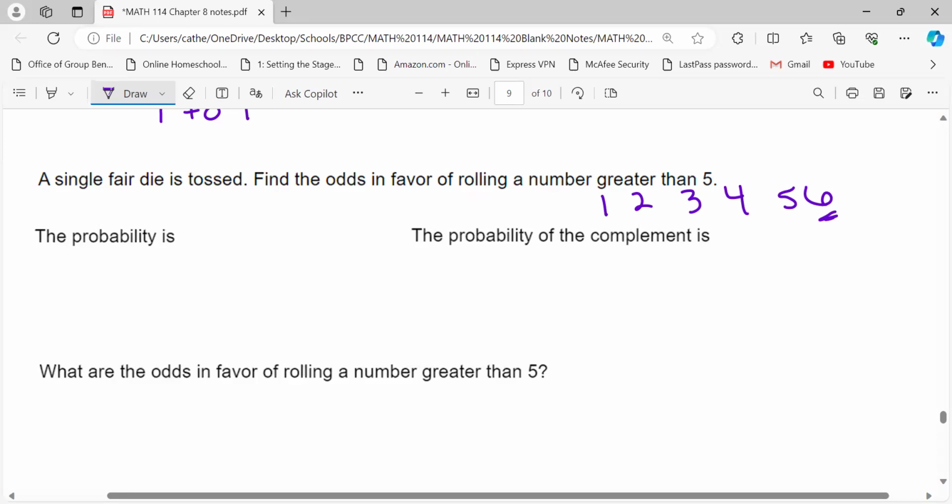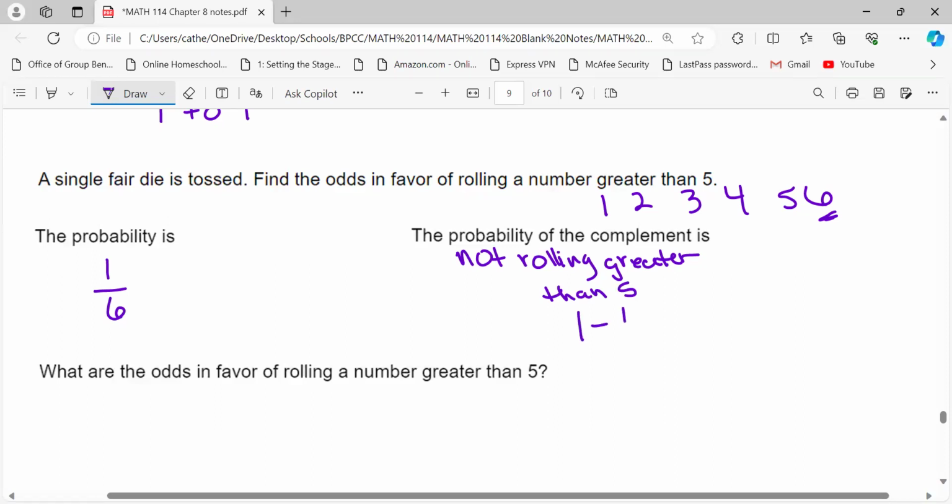So the probability of rolling a number greater than 5 is 1 out of 6. The complement, which is what we don't want, okay, so the probability of not rolling greater than 5 will be 1 minus what we do want.